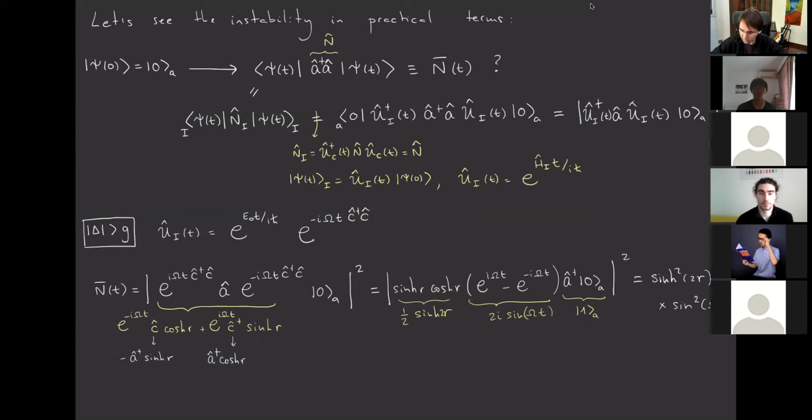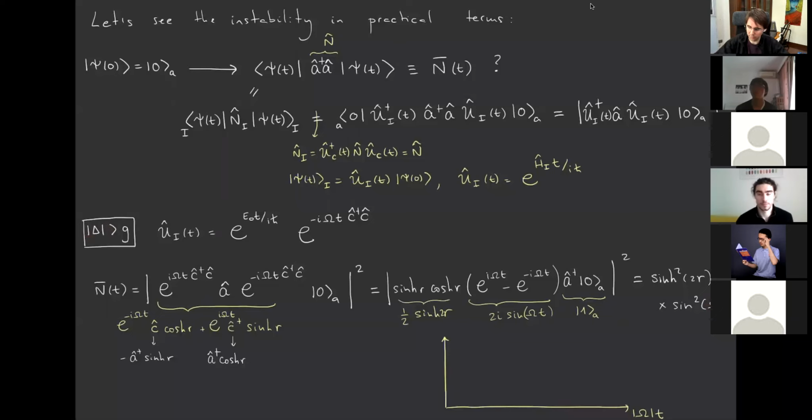Okay, and we can plot this. It's always a good idea to make a plot, and the plot looks like this. I will plot as a function of omega t, the absolute value of omega. You see that it doesn't matter what the sign of delta is.